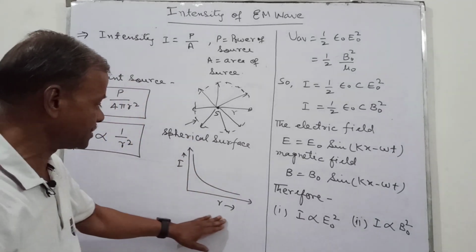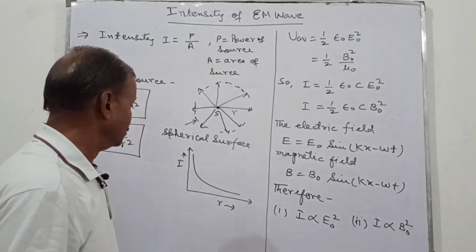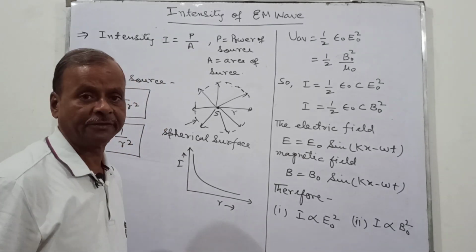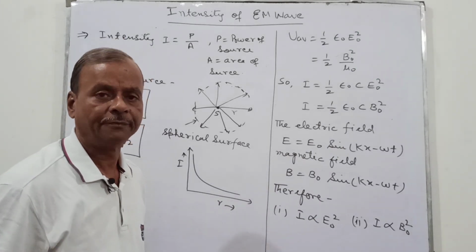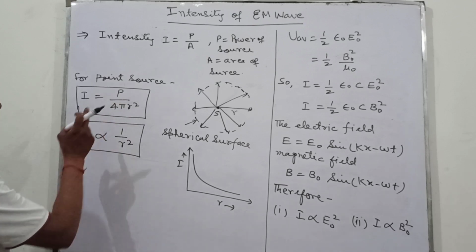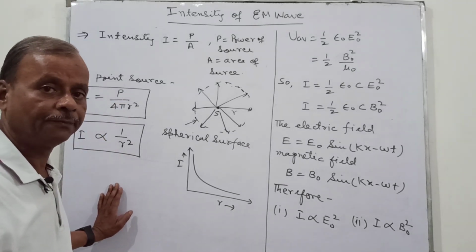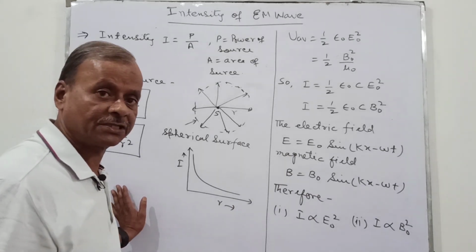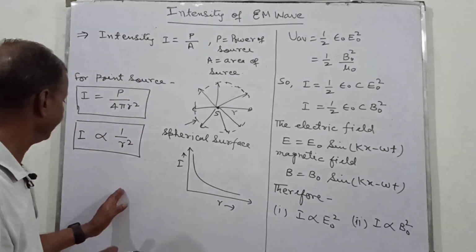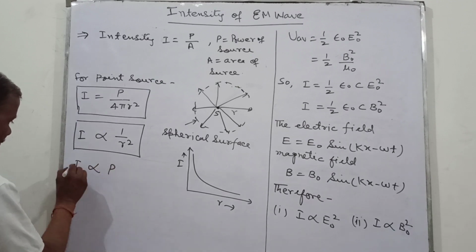So as the distance increases, the intensity of the wave decreases. It means that the energy of the wave is lost in the medium. And also it depends upon the power of the source. So I is proportional to P. So for different sources the intensity is different.